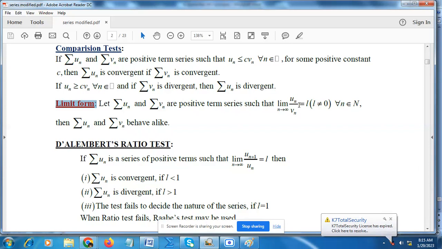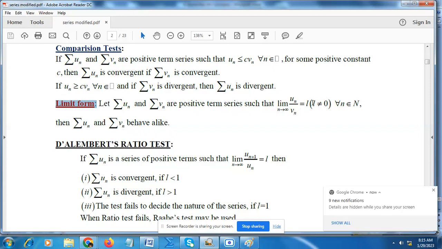So after choosing Vn, you find the limit of un by Vn as n tends to infinity. If you get L, which is not equal to 0, fine. If the limit of un by Vn as n tends to infinity is 0, then this test has not worked out. You have to choose Vn in such a way that the limit of un by Vn as n tends to infinity is not equal to 0. Vn should be in geometric form or auxiliary form.